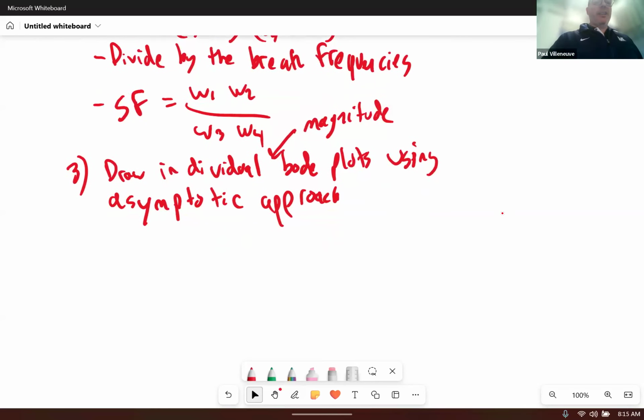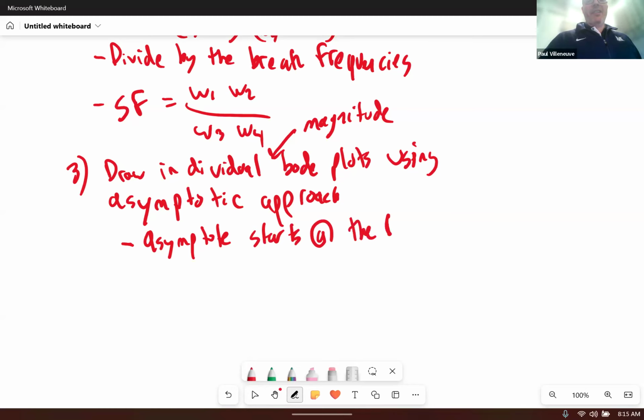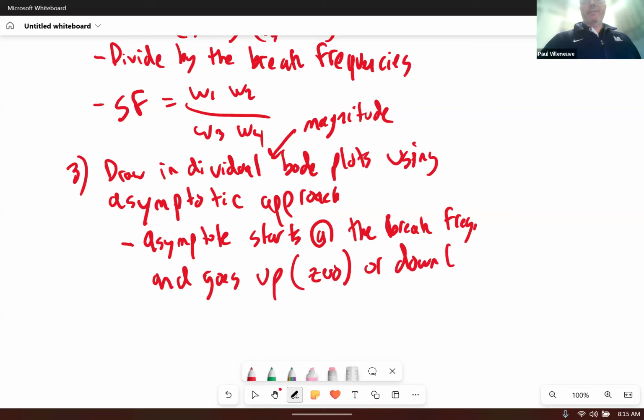And the key about this is the asymptote starts at the break frequency, and it either goes up, this is for a zero, or down, this is for a pole, at 20 dB per decade.